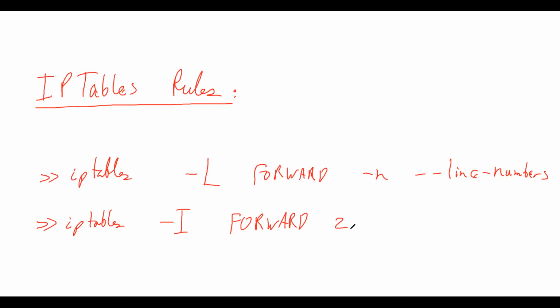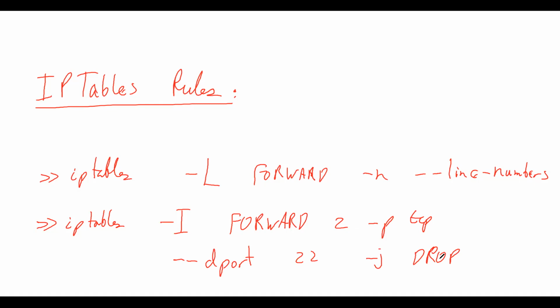So this is the position where you're going to put things, and then now comes the rule. So you say, well, I want protocol TCP and destination port 22, and then -j DROP. Right? So I think this is the rule that we wrote last week, and that's it, right?